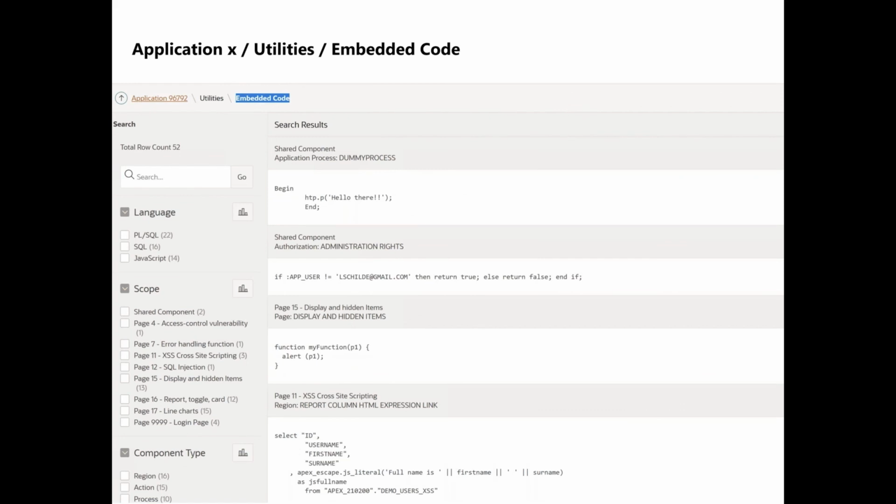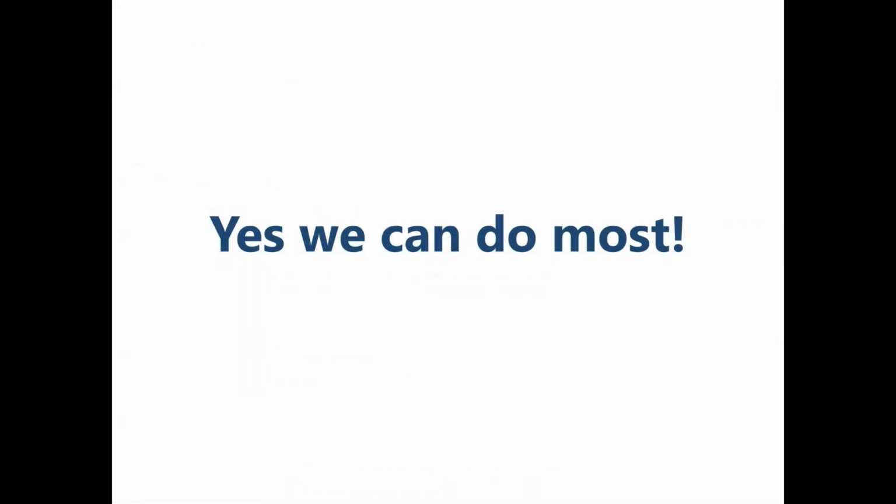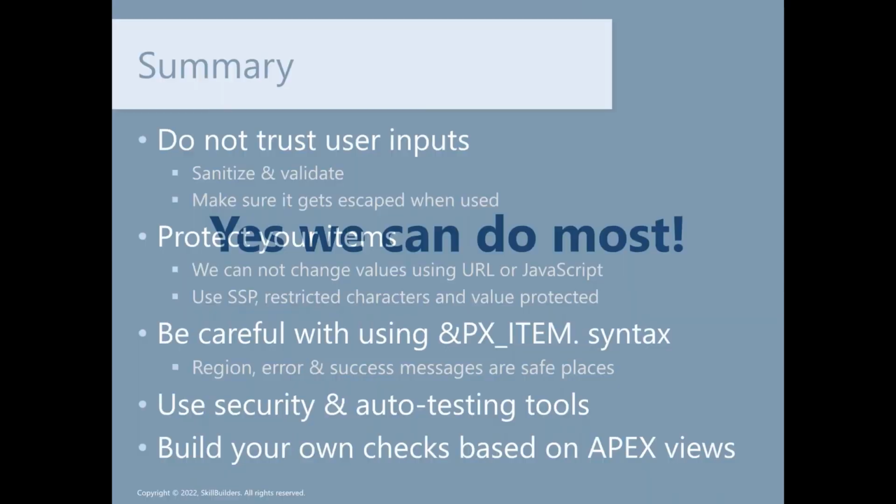So you can easily find all of these appearances of ampersand, item dot syntax, or anything like execute immediate or anything along these lines. And my message is, yes, we can almost do it ourselves. So you would do 90% or 95% using views, and then you add a security tool, Apex Sec or Apex Set, depending on the choice, and literally your app gets you 100% there.